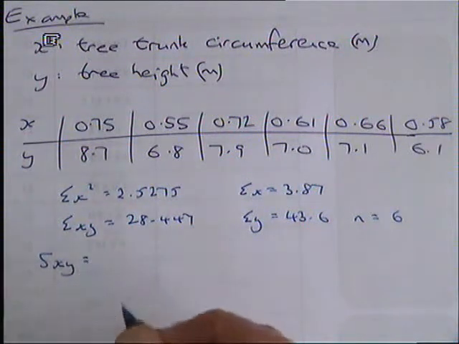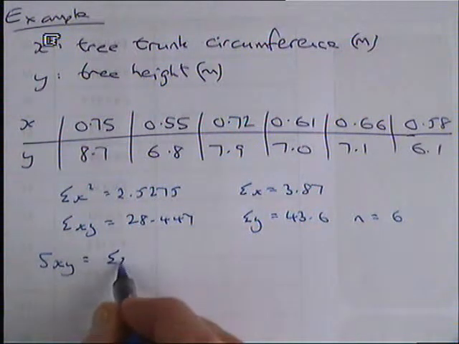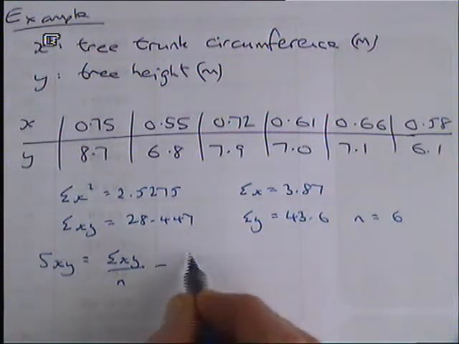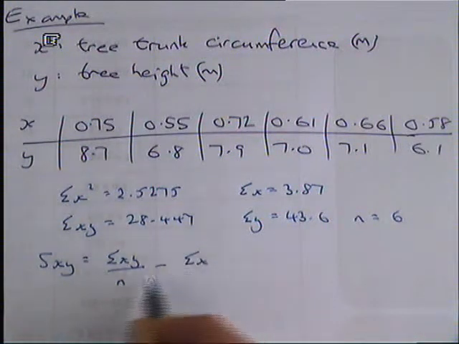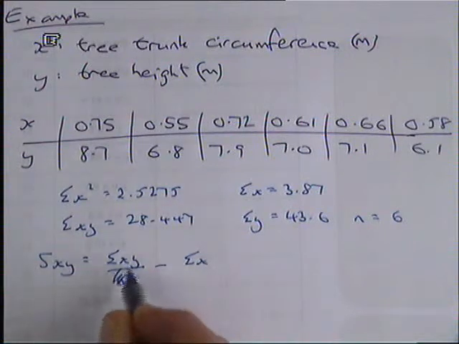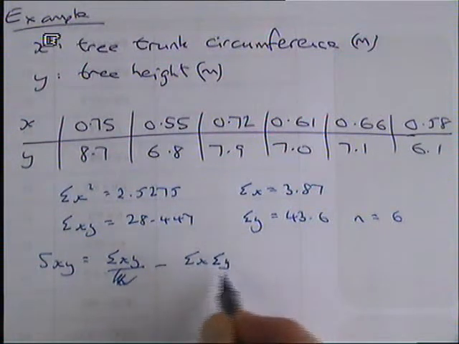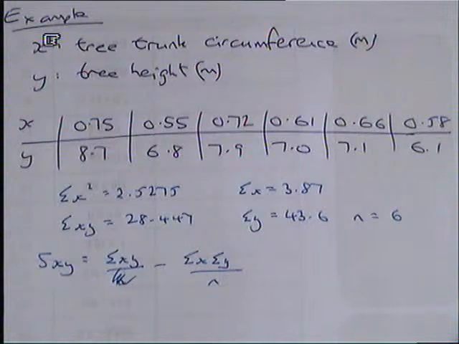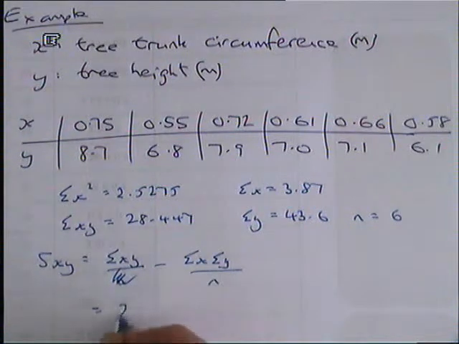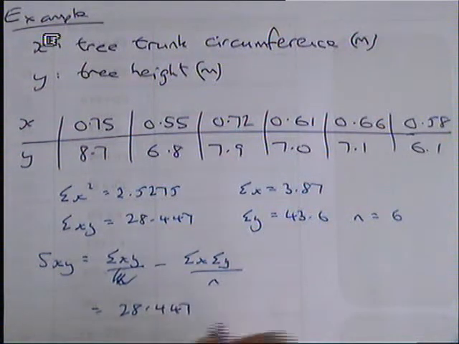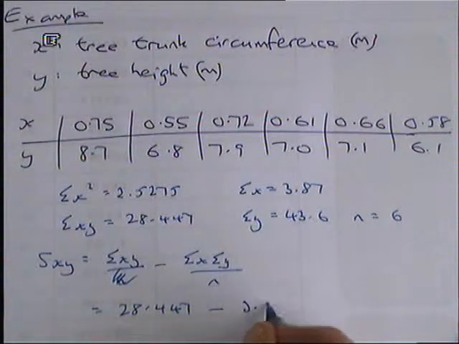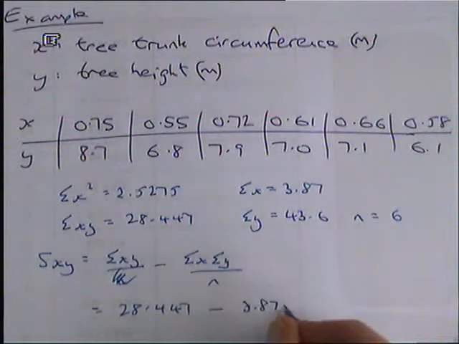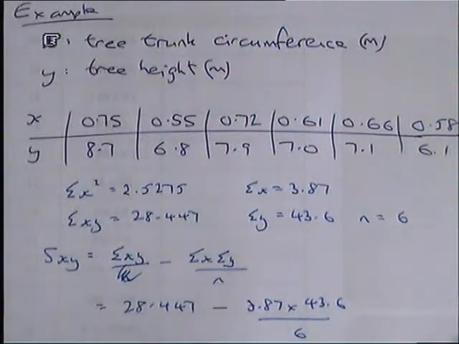Let's do Sxy first. That is sigma xy minus sigma x, sigma y over n. Sorry, that over n shouldn't be there at the start, it sits over here. So if you work that out, sigma xy is the 28.447 number, take away 3.87 times by 43.6 divided by 6.